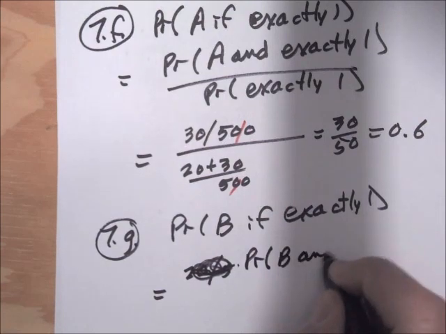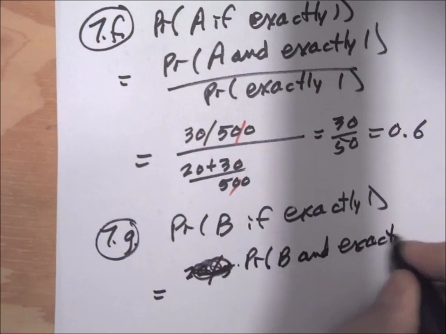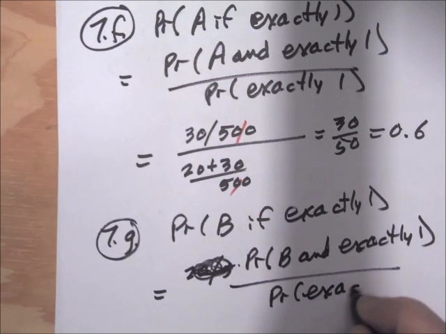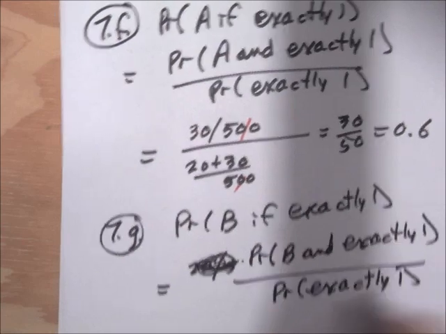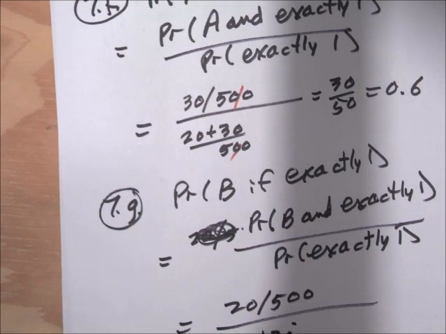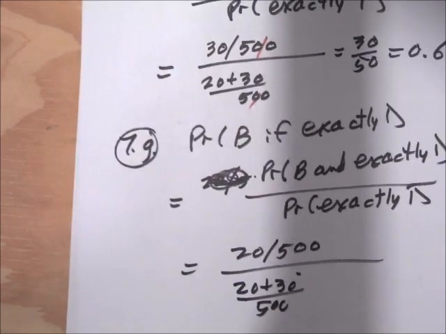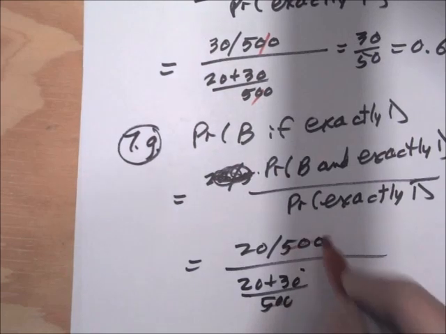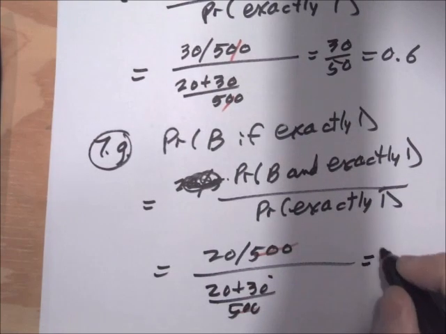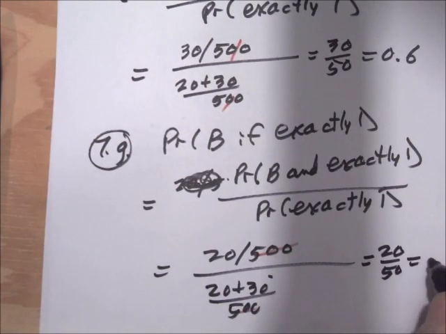B and exactly 1 divided by probability of exactly 1. So it's going to be 20 out of 500 divided by 20 plus 30 out of 500. And the 500s will cancel. 20 plus 30 is 50. 20 out of 50, which is 0.4.